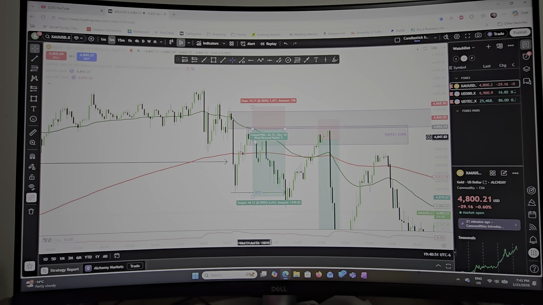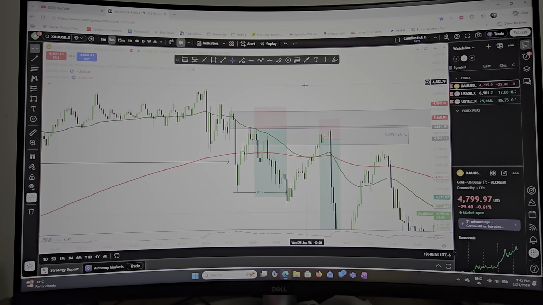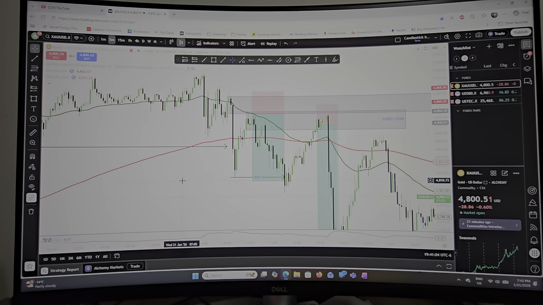When this setup was happening, I was at work, so I wasn't looking at my phone to see what was going on. But when I got the chance to look at my phone, it was when this new low took out the previous one. We could have entered for this setup, but we missed it.